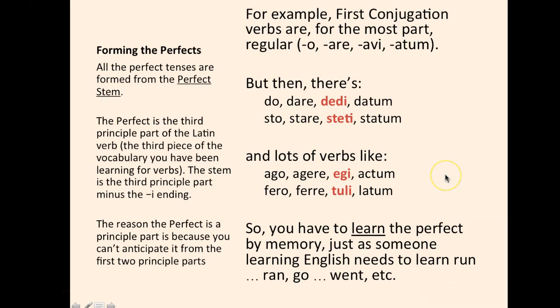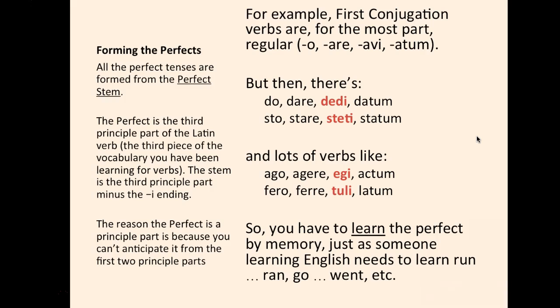The perfect is formed off the perfect stem, and the perfect stem is found in the third principal part of the verbs you've been learning in the vocabulary. For regular verbs like laudo, laudare, laudavi, laudatum, we wouldn't necessarily need to have the perfect as the third principal part because you can anticipate what it's going to be.